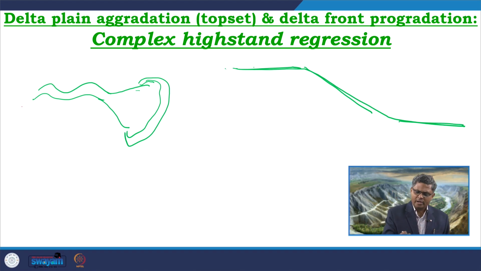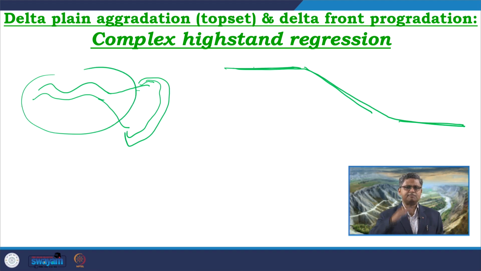When we are looking at this particular area, there the accommodation space, as we have already discussed in the last class, is initially very high, and that is why the river system will try to aggrade at a higher rate than progradation. So, in this delta plane area, what do we expect? Successive delta planes will be aggrading like this, and as the delta plane is aggrading, they are supplying the sediments over here at this mouth area.